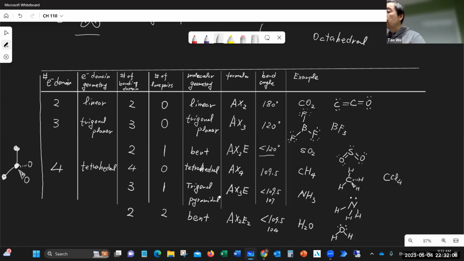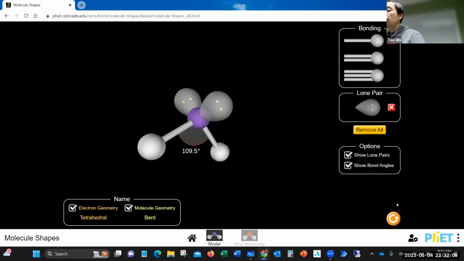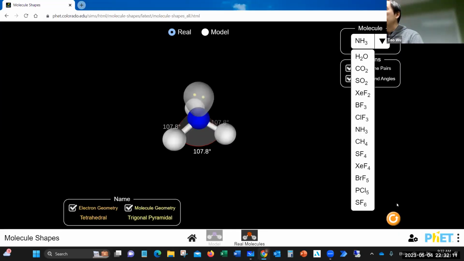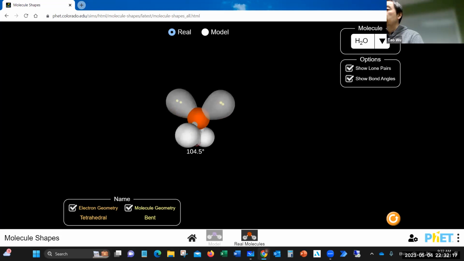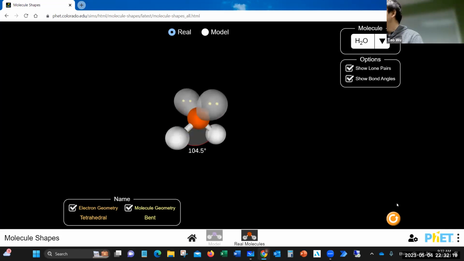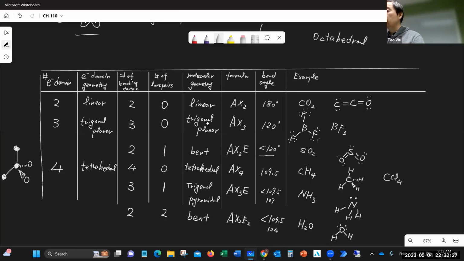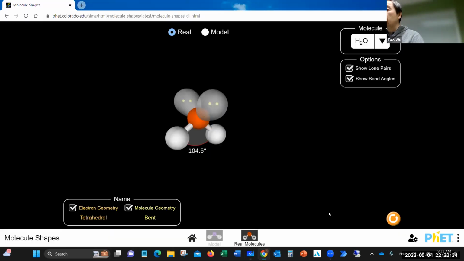Water is a bent structure, no more a linear one. This guy has two lone pairs showing over there. This is the structure for water. It's bent, and the bond angle here is even smaller, 104.5.